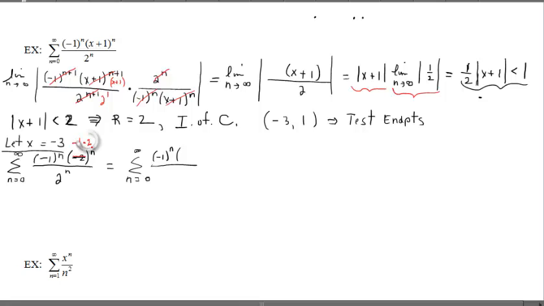So inside here we can think of that as -1 times +2, and that's to the power of n. Then I can apply that power, so what's going to happen is this: we have -1 to the n times +2 to the n, all over 2 to the n.